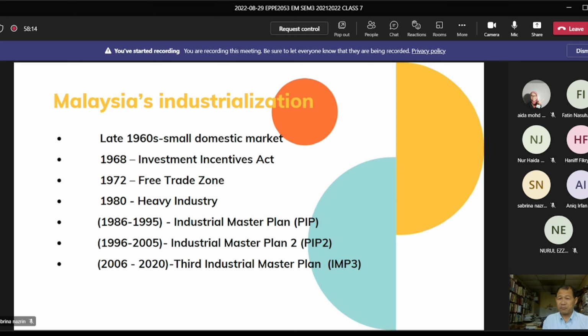Pioneer Industries Ordinance 1958. So this ordinance gave tax holiday, or we call it tax incentive. What is incentive? Galakkan berbentuk cukai. Tax incentive.